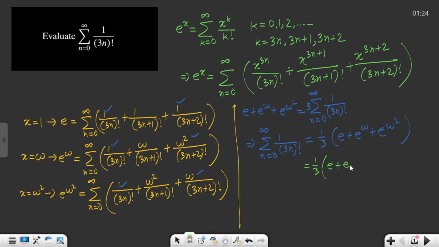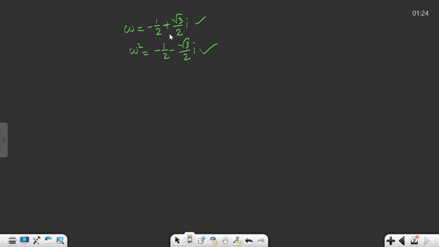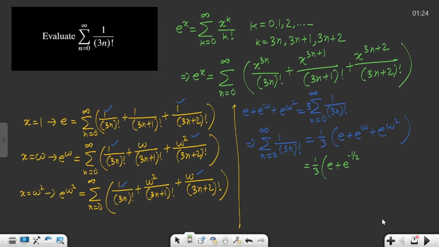So we will get e to the power minus 1 by 2. Now here we will see that we are getting minus half plus root 3 by 2i. So we can write this e to the power omega as e to the power minus 1 by 2 into e to the power root 3 by 2i. Because we know that if the base is the same, then in multiplication powers add, right? So if we add this, we will get this omega again.